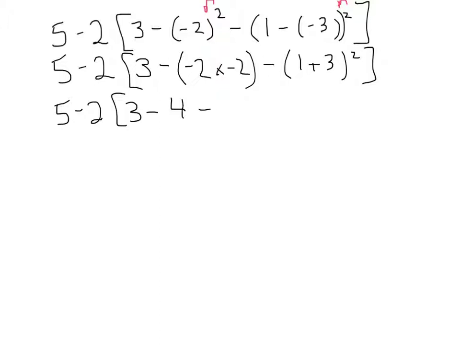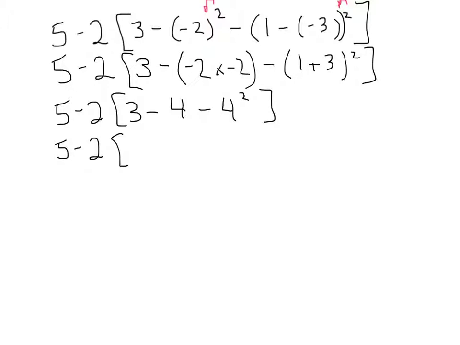So 1 plus 3 is 4, and then we'll be squaring 4. Now I don't need to write the parentheses anymore because we've done everything inside the parentheses. And the 2 is squaring the 4, just as before it was squaring whatever's in the parentheses. So what we have now is 5 minus 2, and we have 3 minus 4 squared.